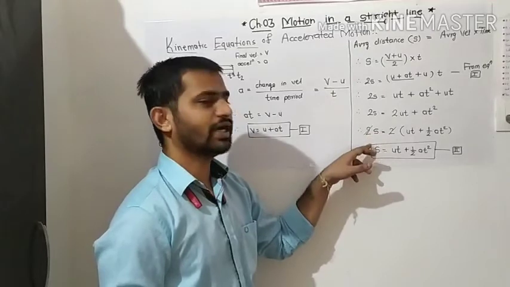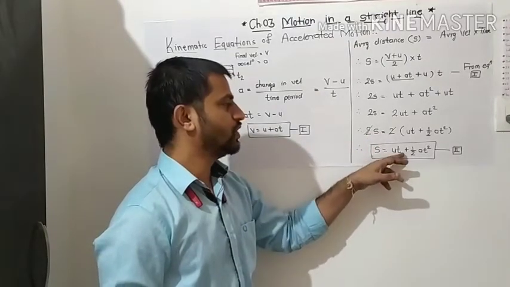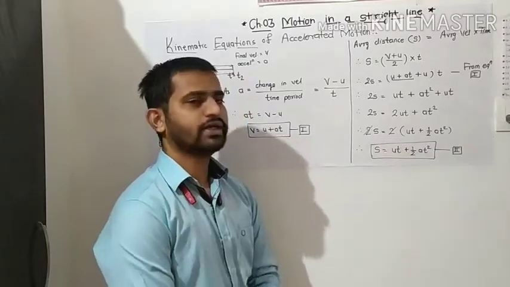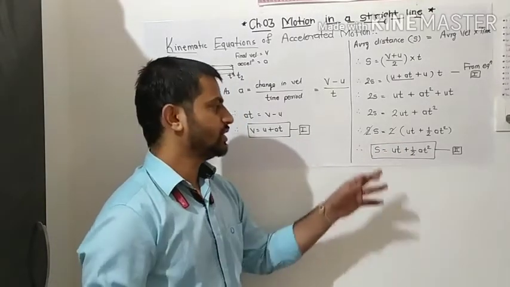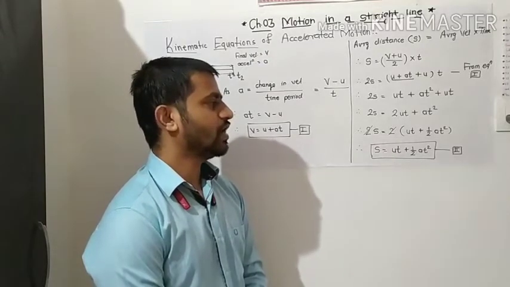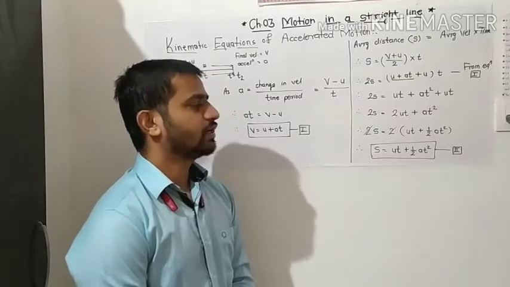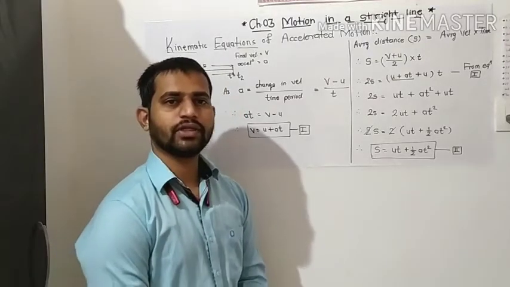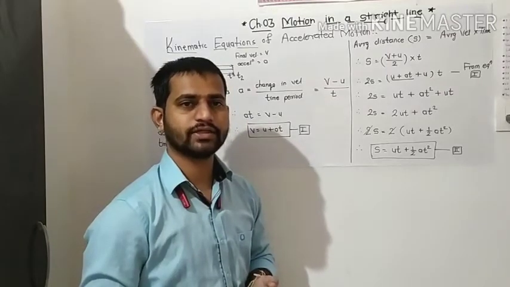This 2 will get cancelled, so s is equal to ut plus 1 half at square. This is the second equation of kinematics for the accelerated motion.